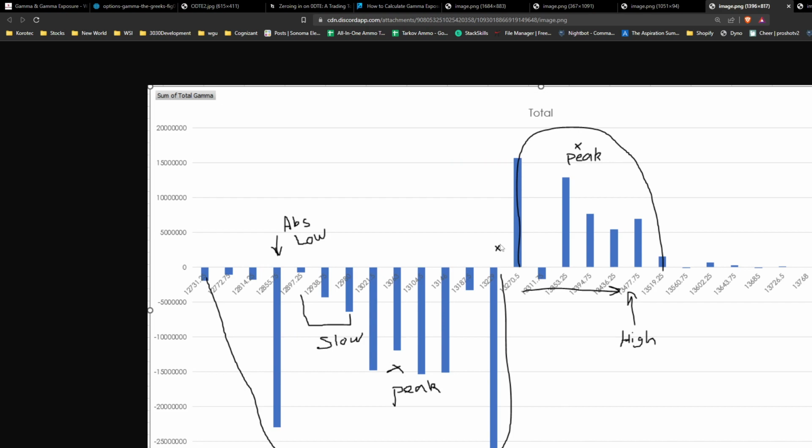So again, the plays here from both sides, right? We started in our gamma flip zone, 13,229 to 13,270.5, the area between the positive and the negative gamma, where things are more shifty, so to speak.